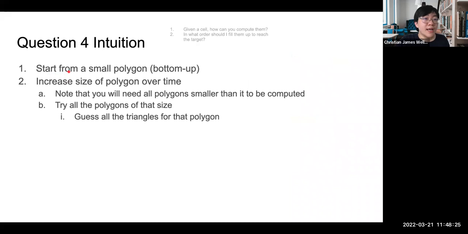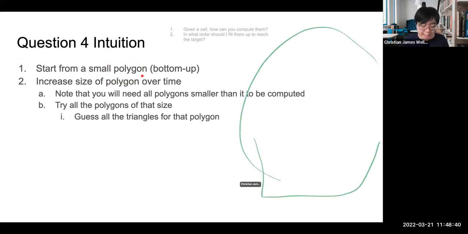For question 4, I want to start with the intuition of how we worked out the bottom-up solution. The intuition here is that we start from a small polygon. Imagine I have a super huge polygon. Let's forget about solving the large problem and just care about solving this triangle first.